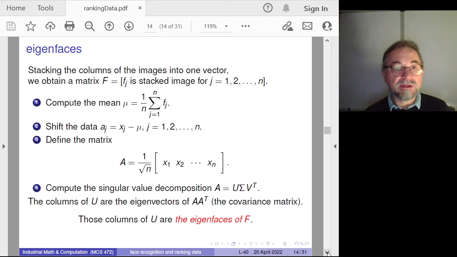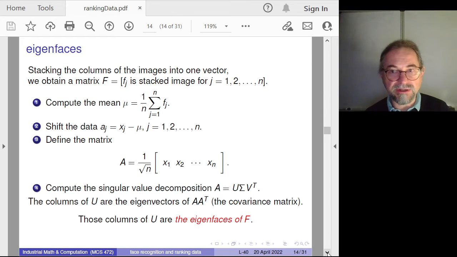So here you see the 4 steps, the same as what we did with the principal component analysis, repeated here. We compute essentially the covariance matrix, and we compute the eigenvectors.